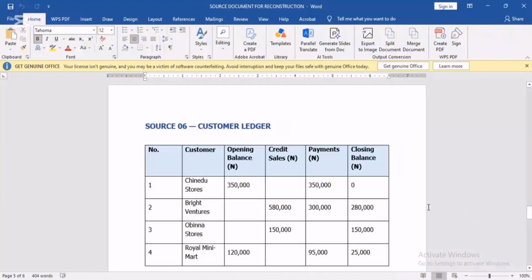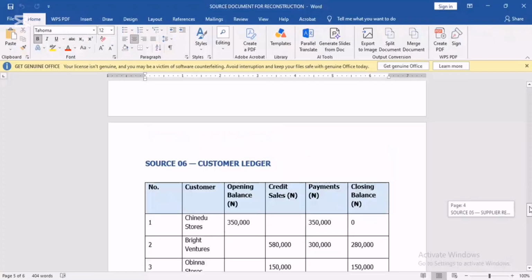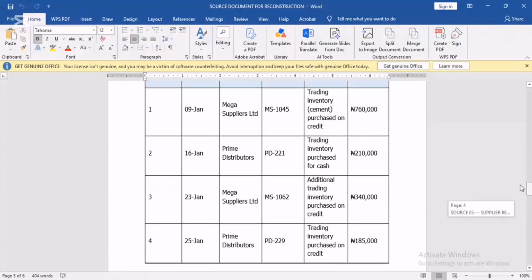Then also here we have Bright. From the customer record, he made a credit transaction. He bought from the business an item worth 580,000, right? He made a payment of 300,000. So let's check whether we can see this transaction somewhere else. Let's check on WhatsApp.